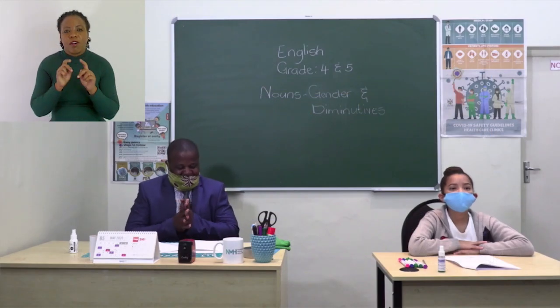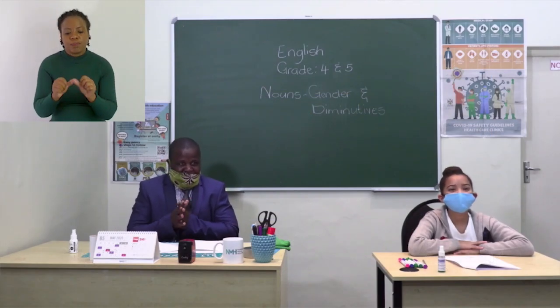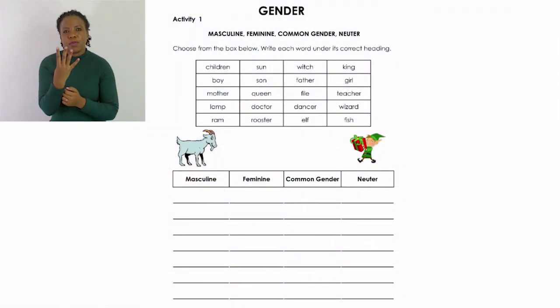Okay, boys and girls, let's continue. Let's open our books on page 4, where we have got an exercise that we are supposed to be doing. Your duty is to look into the box, the table with nouns. Just pick and write those nouns under the correct heading.